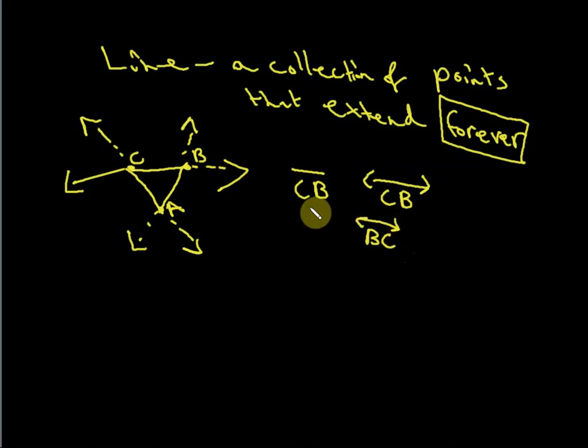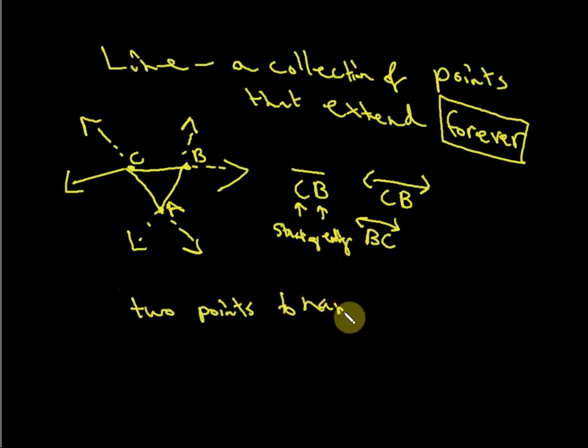But it's better to put the first letter where you're starting and where you're ending. So we put two points to name the line. In this case, it would be CB or BC. It is perfectly normal.